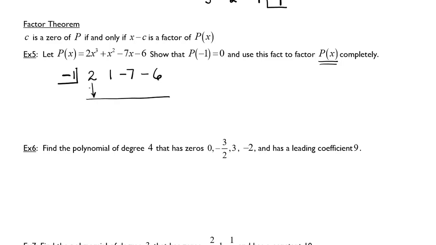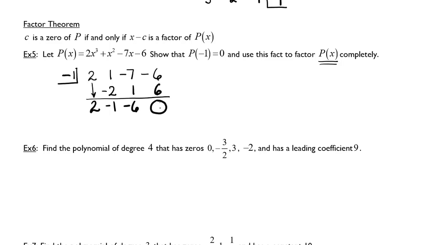Using synthetic division, we will drop the 2 down, multiply by -1 to get -2. 1 minus 2 is -1. -1 times -1 is 1. -7 plus 1 is -6. -1 times -6 is +6.